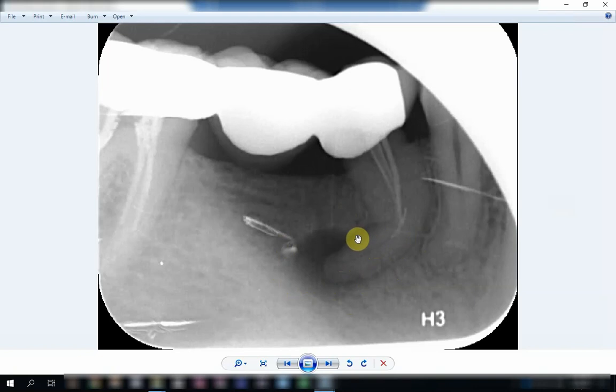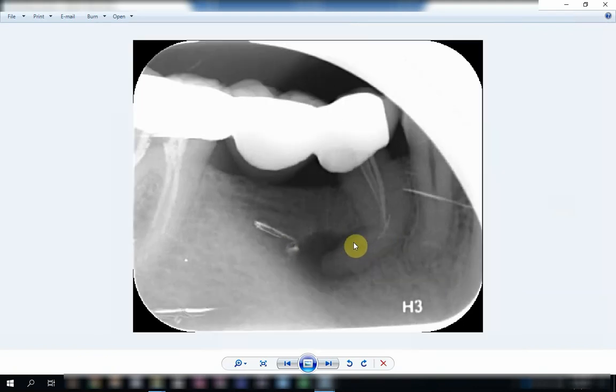Why? Because see the area over here, then it is continuous, it is in line. This is the PDL, and then the enlargement or the ballooning of the PDL is related to the apical part of the PDL. This is because of the bone resorption over here. It is all related. It is not superimposed.